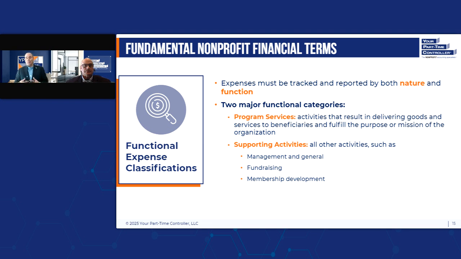If you're a membership organization, we might refer to fundraising as membership development. Our supporting activities are also, in a sense, the overhead of the organization. Not only are we doing this for our financial statements, but Form 990 also requires us to report our functional expenses. It's a schedule within Form 990 as well.